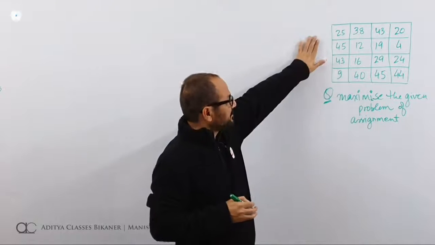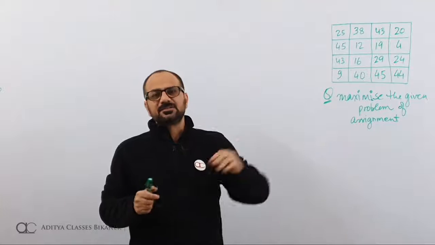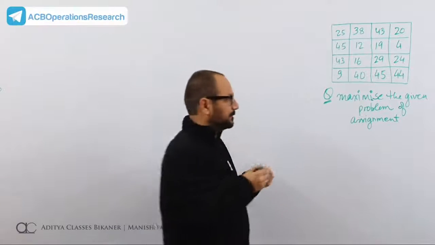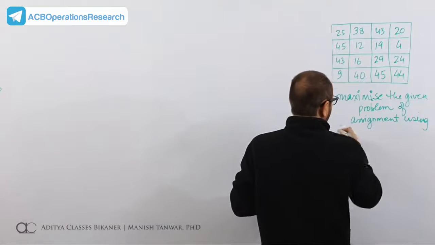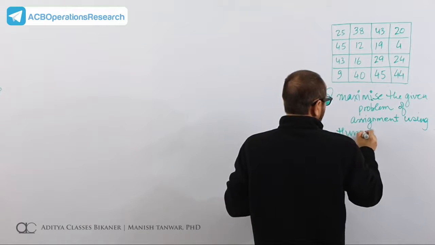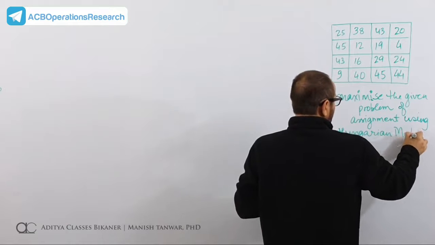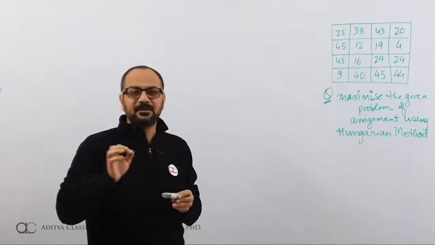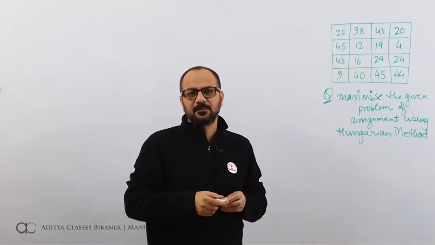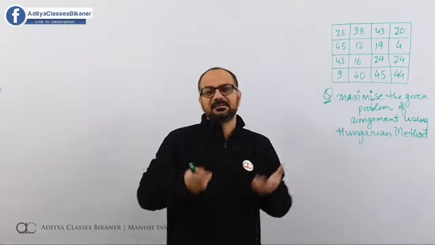Here in transportation and assignment, our default algorithm is for minimization of the problem. We are using the Hungarian method for assignment. So the default method will give me the minimum solution. But this time the question is to maximize.